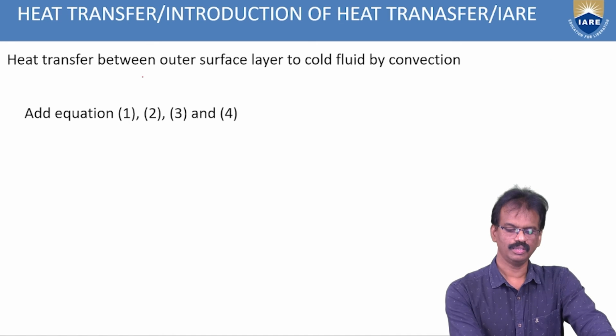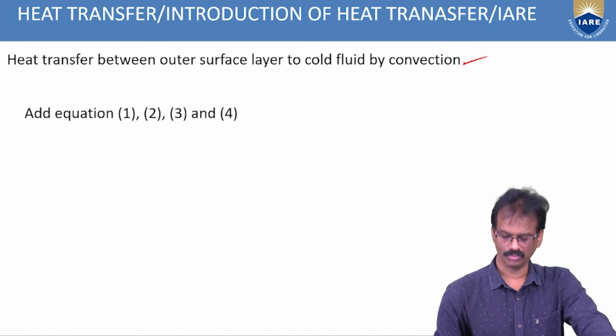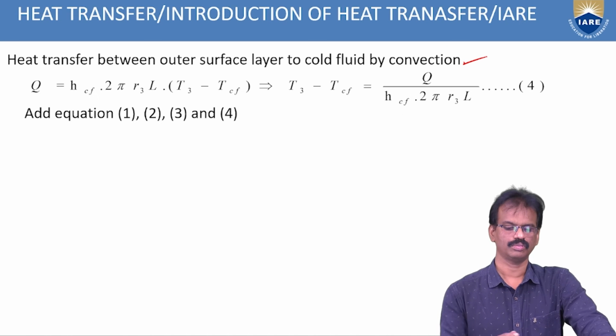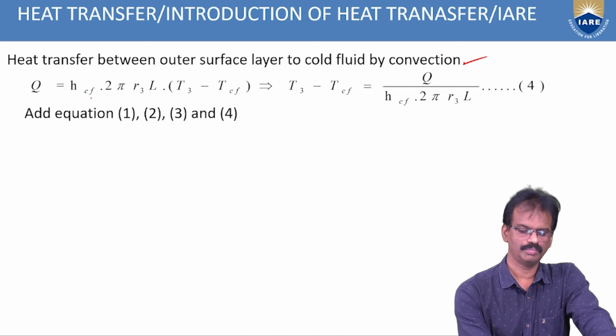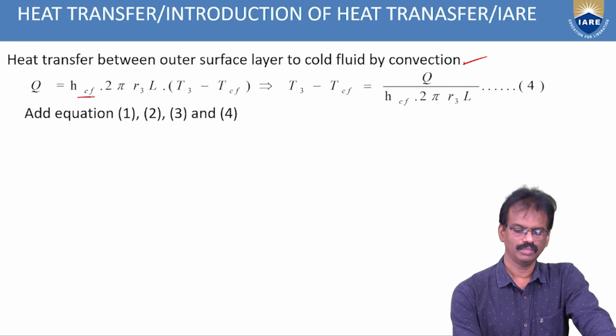So the heat transfer between the outer surface and the cold fluid by the convection process, we get Q is equal to HA into the temperature difference. H means the heat transfer coefficient for the cold fluid, into area 2 pi R3.